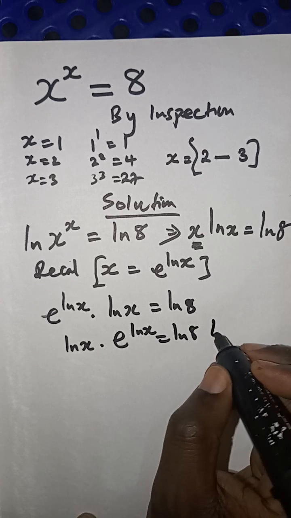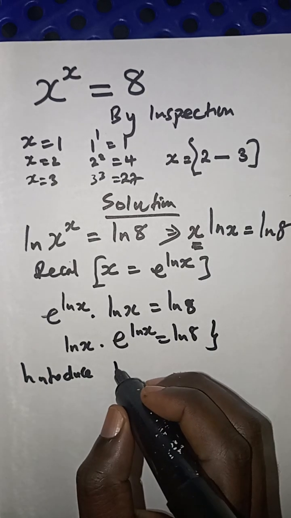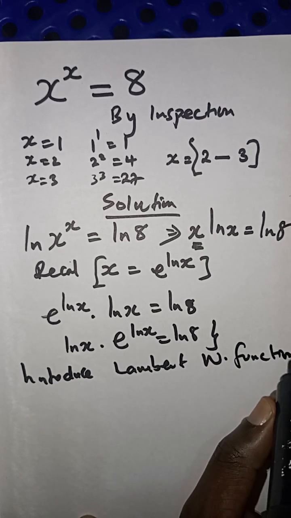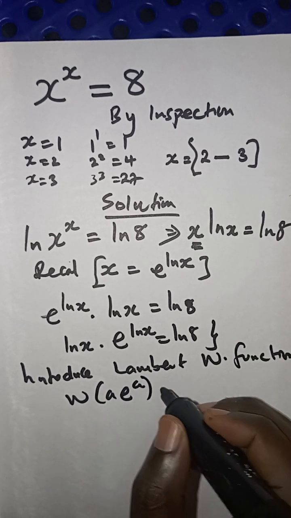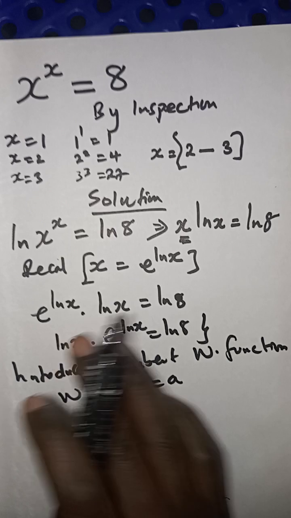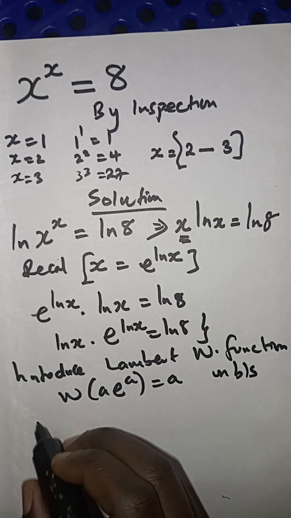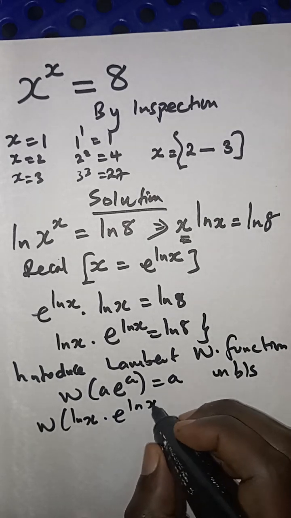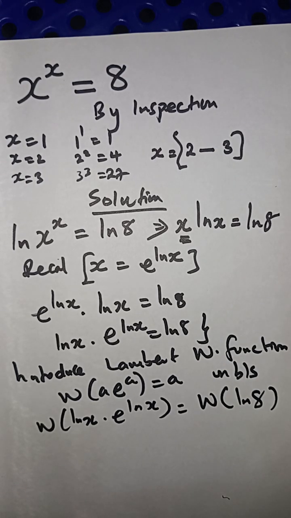So at this particular point is where I'm going to introduce the Lambert W function, which says that when I have the W of a times e to the a, then that automatically gives me the answer as a, so that if I introduce it on both sides, then I'm going to have the W of ln of x multiplied by e to the ln of x should be equal to the W of ln of 8.